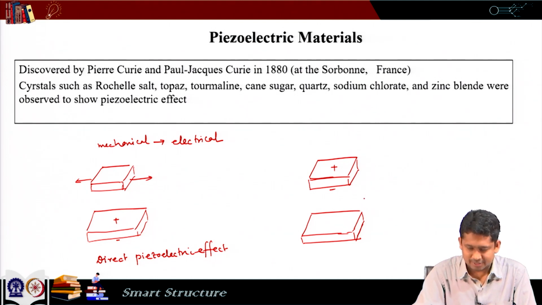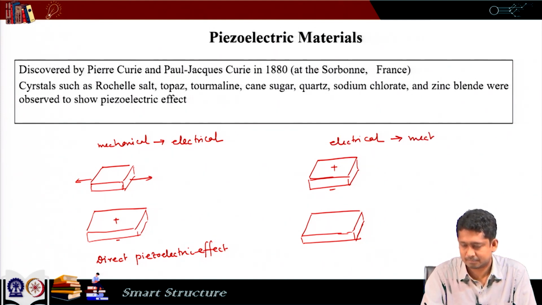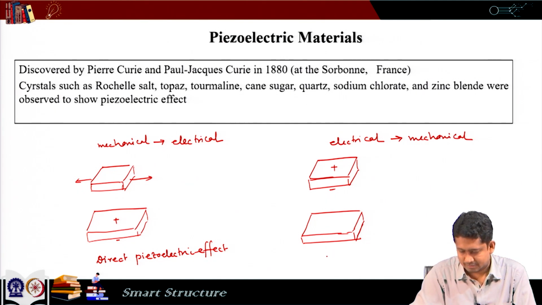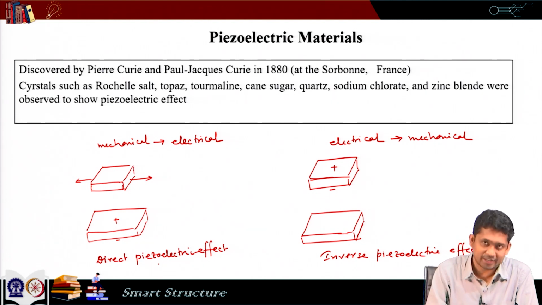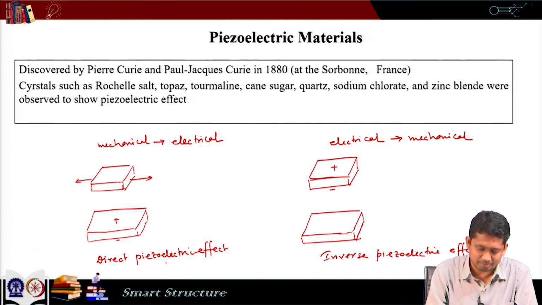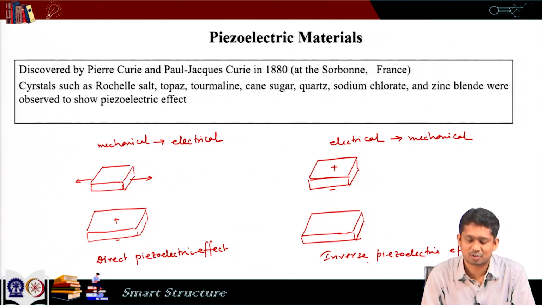So, here the input is electrical, the response is mechanical, and this is called the inverse piezoelectric effect. This is called direct because it was observed before, and this is inverse because it was observed later.